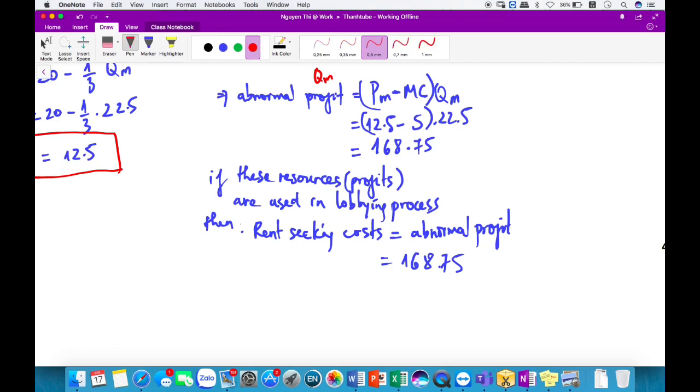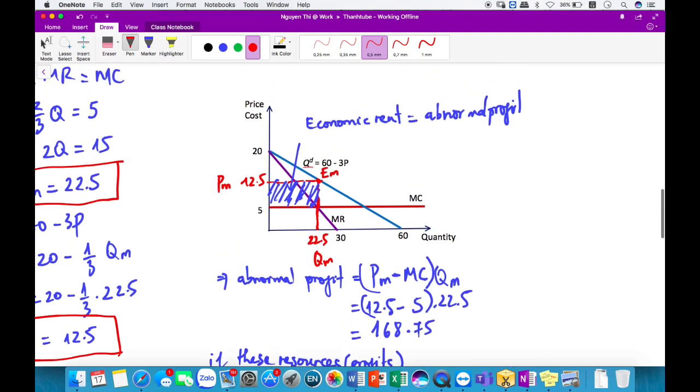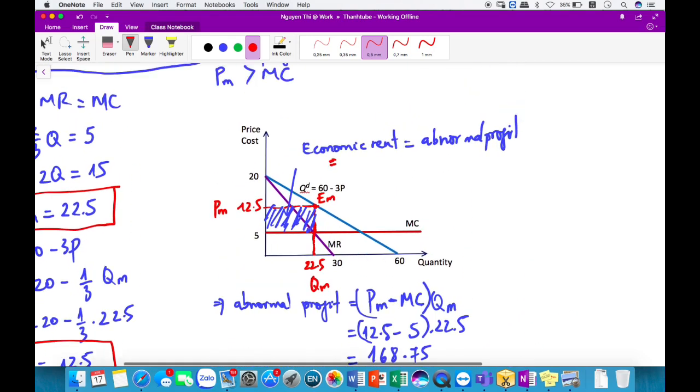This we also call the rent-seeking cost. So this means the rent-seeking cost can also be represented by this rectangle.